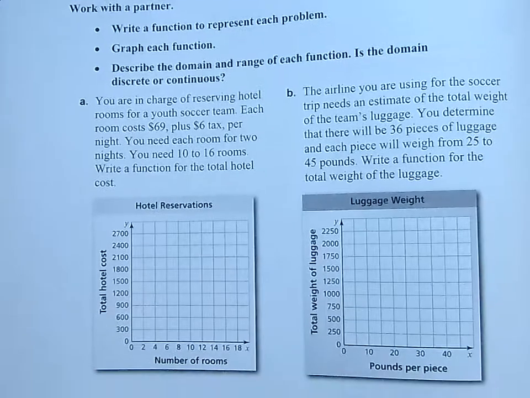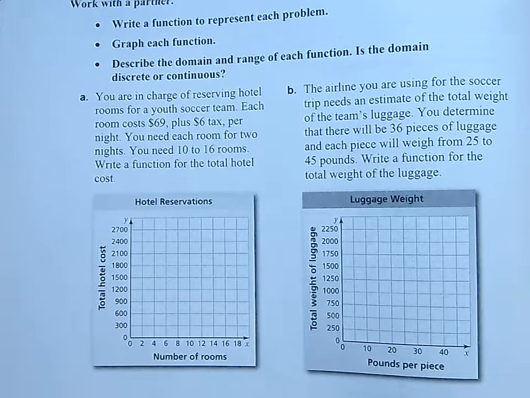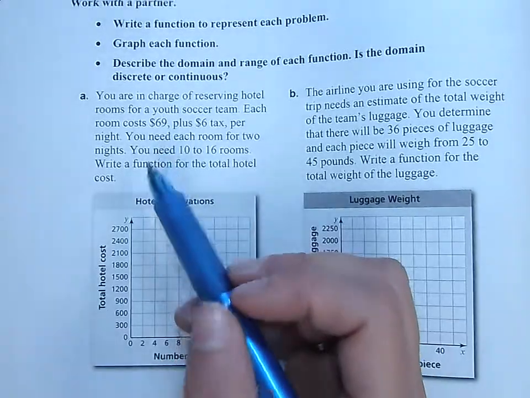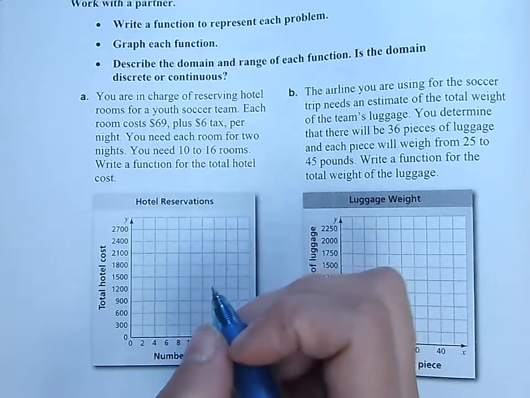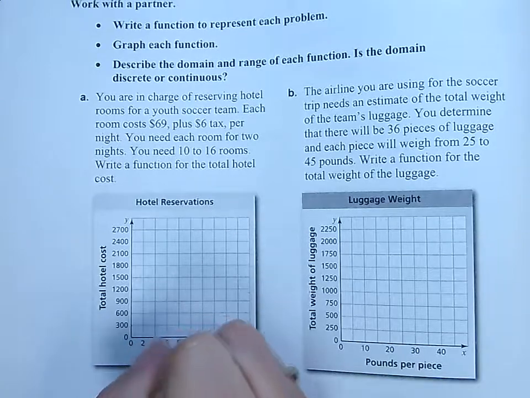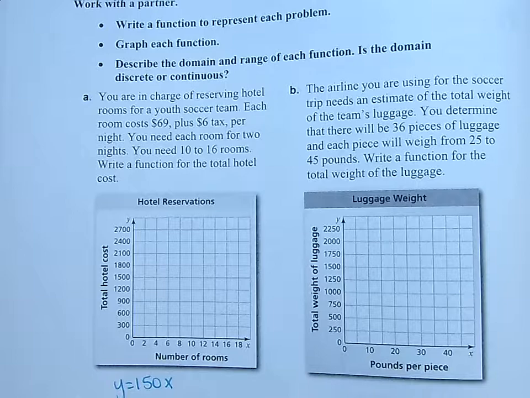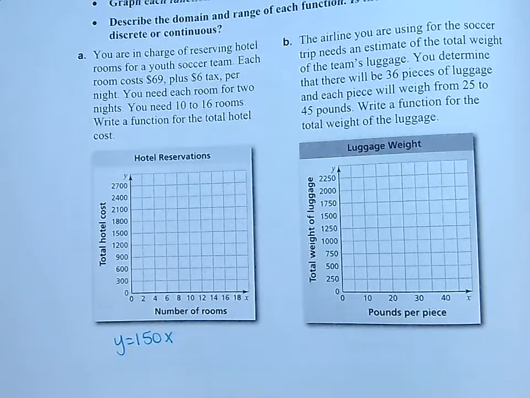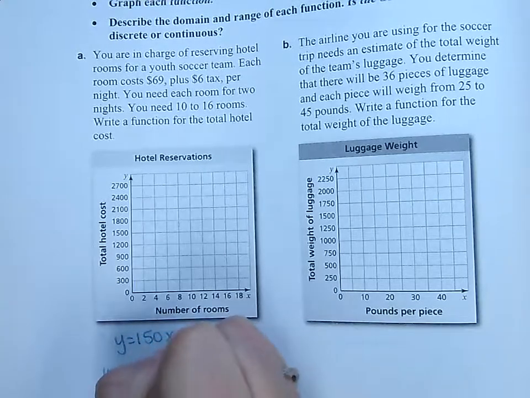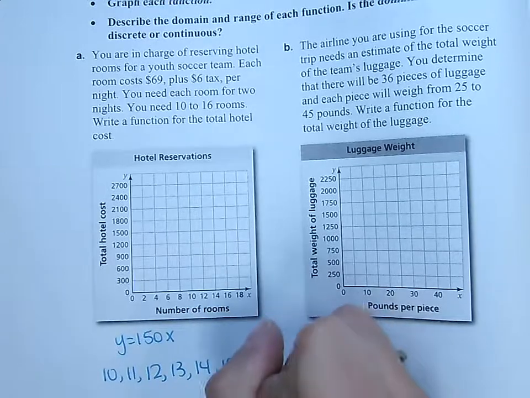For this, we need each room for 2 nights, so we end up with y equals 150x. In our domain, we could have 10, 11, 12, 13, 14, 15, or 16 rooms.